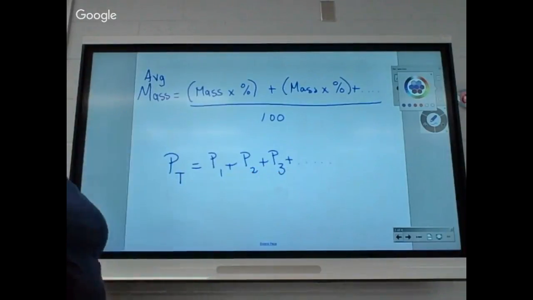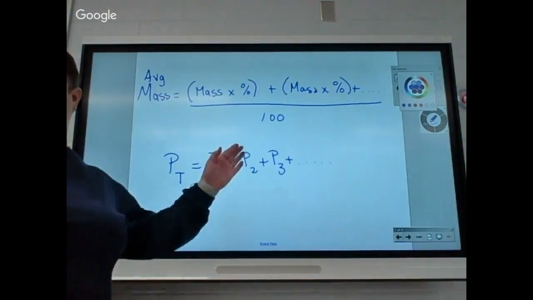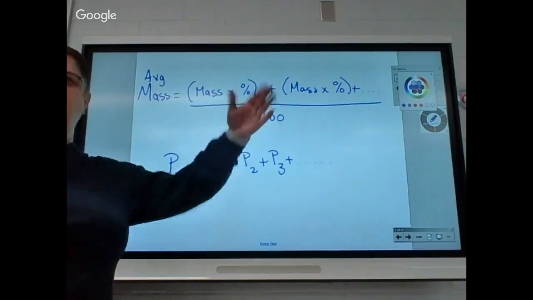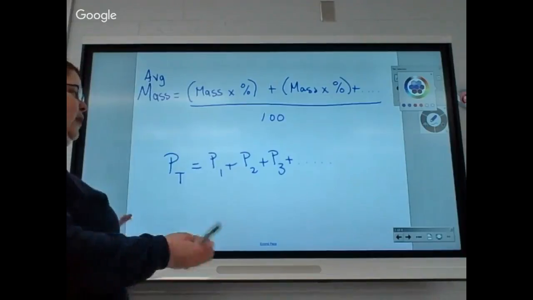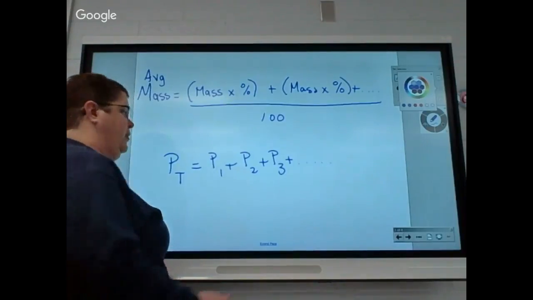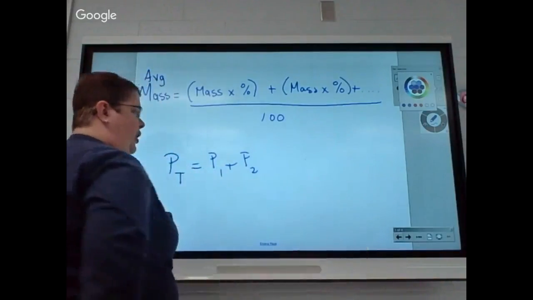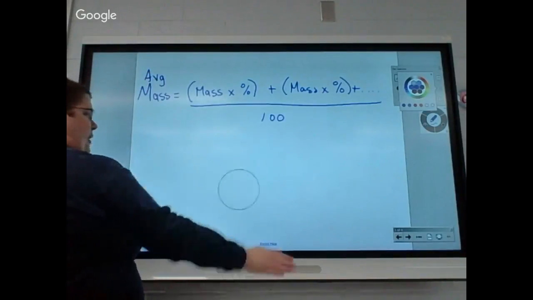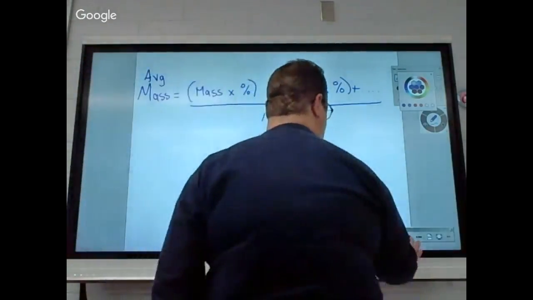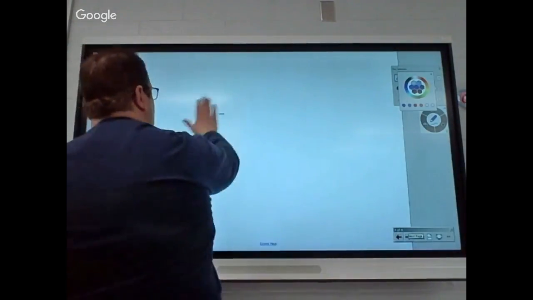What happens when you get there? It says P what after that? P4 plus, and so forth and so on, okay? But if you only had 2 pressures, you would stop where? You would stop at P2, okay? It just depends on how many you have. Everybody got it? Okay, I know it's raining today, but y'all seem kind of dead.